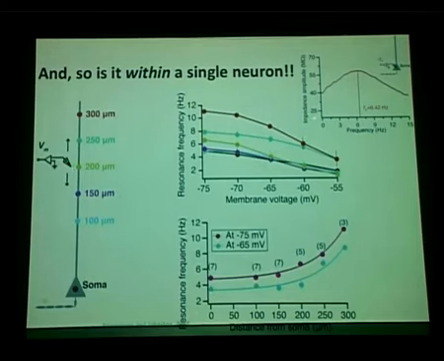You measure the impedance, which is the voltage response divided by the current that you inject, and the impedance amplitude profile looks something like this, where you have a distinct resonance: the neuron responds maximally to a specific frequency, which for these CA1 hippocampal pyramidal neurons is usually in the theta frequency range, around 3 to 10 hertz.